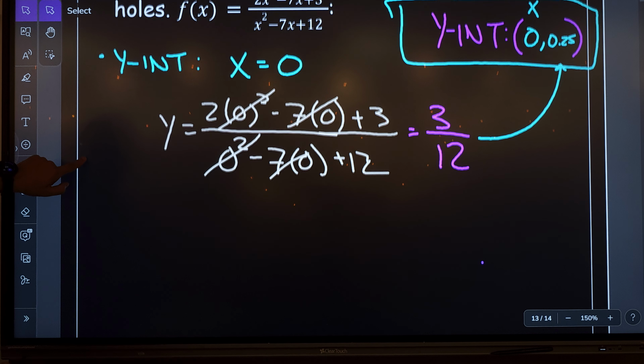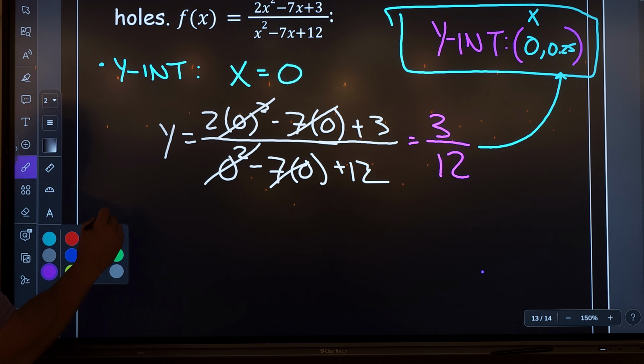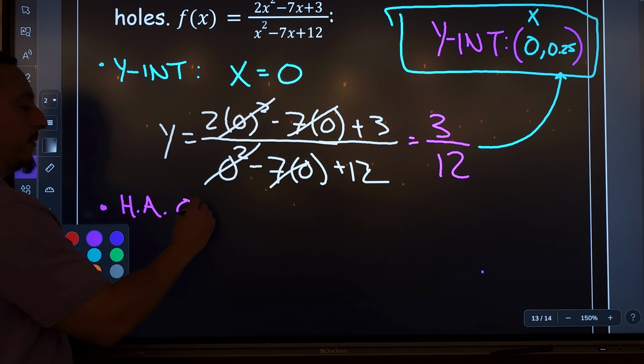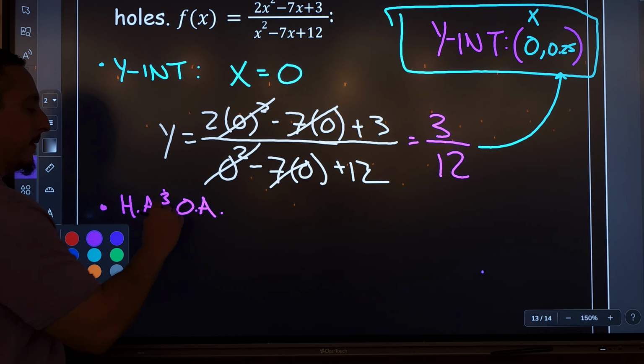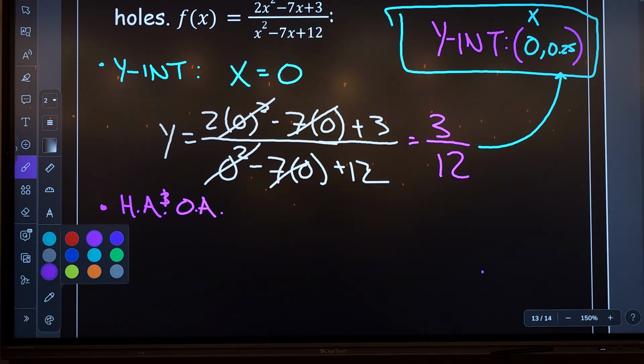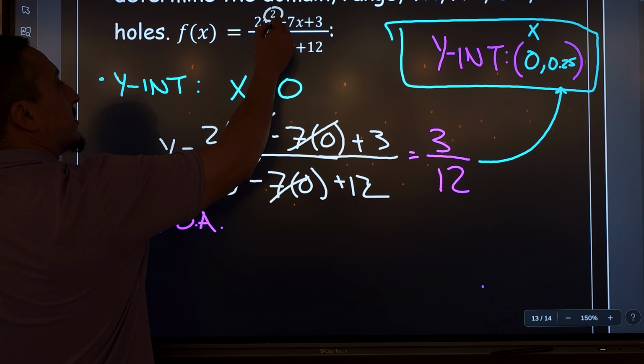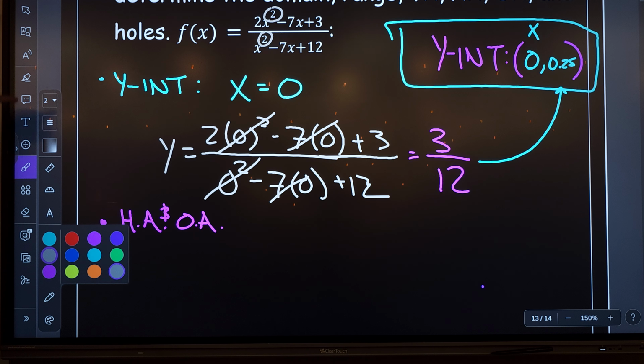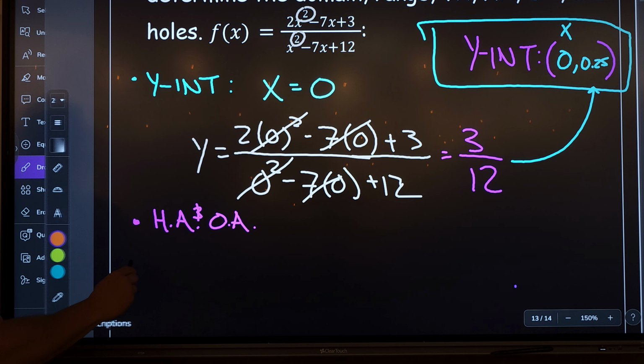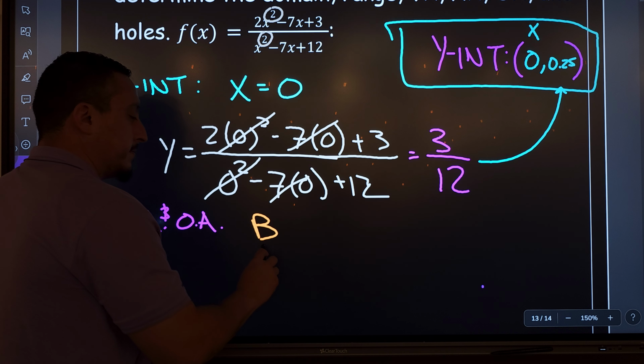The next part, like I told you on Friday, that I suggest you do is your HA and your OA. Based on this, both of the powers, the degrees, are 2's. If they're both 2's, that's a Betsy problem.